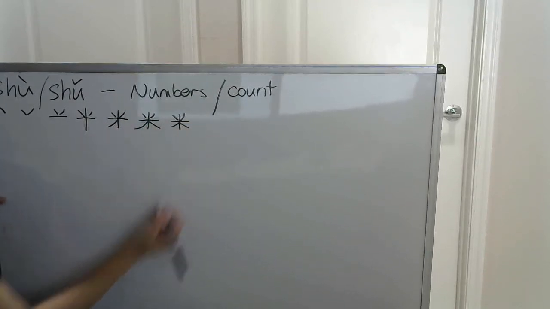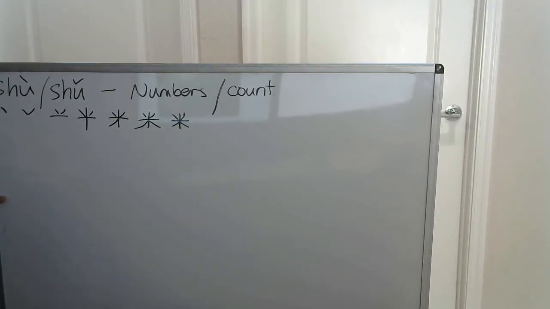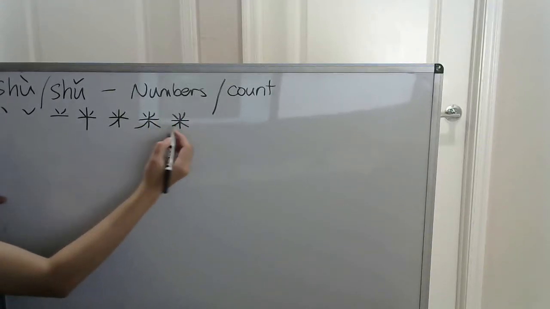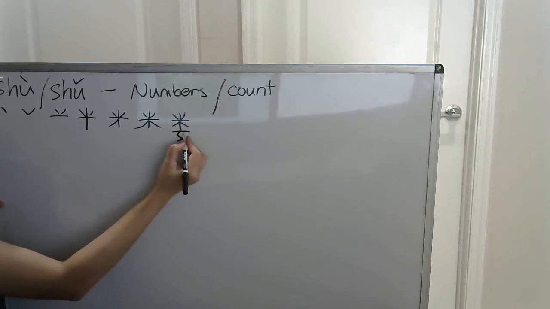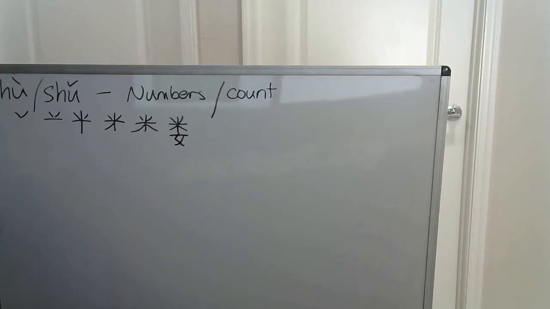Okay, it looks like that asterisk star thing, right? But make sure the strokes are correct. And then we're going to do the character 女. We've learned this before. The character for female 女 underneath it.